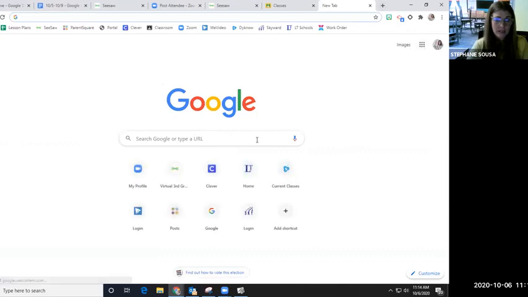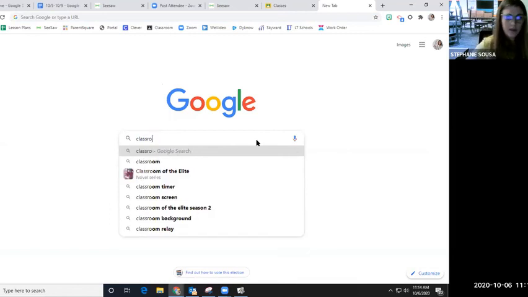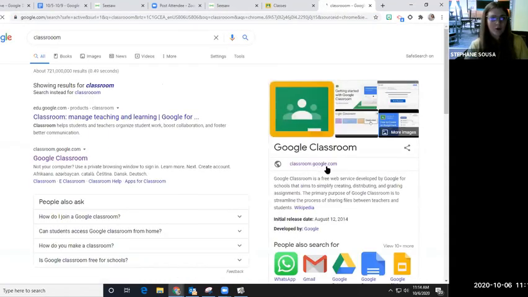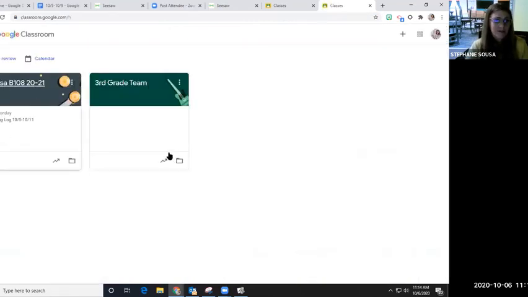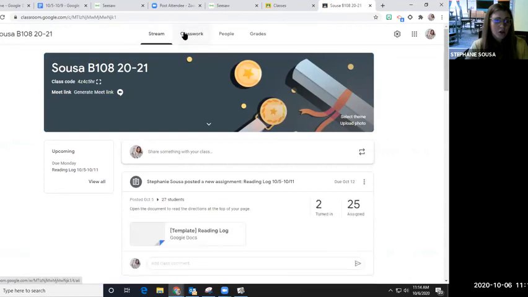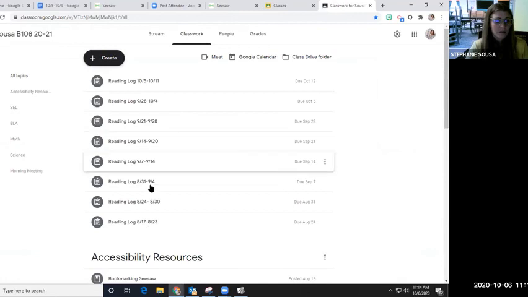If when you click on these buttons, it doesn't say classroom, that's super easy. Just type classroom into Google and it'll pop up. Look right there, Google Classroom, easy. Click on Google Classroom. You're gonna go to Miss Seuss's class. You're gonna go to your classwork, and right here, guys, are all of your reading logs. I had 3 of you open up a reading log and click turn in, and it was completely blank.